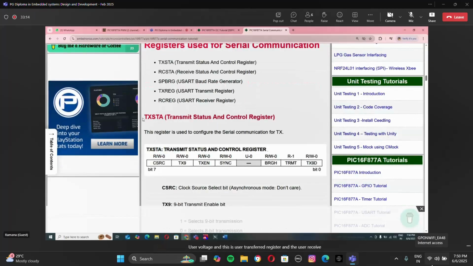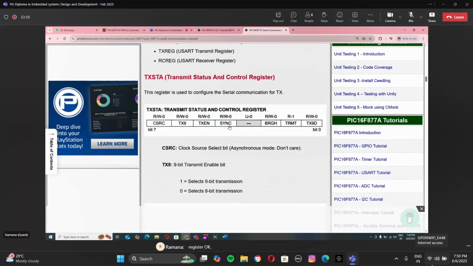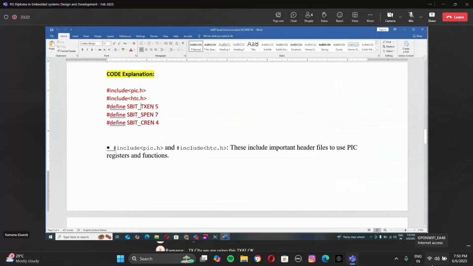So for TXSTA, we are using this. What does this mean?